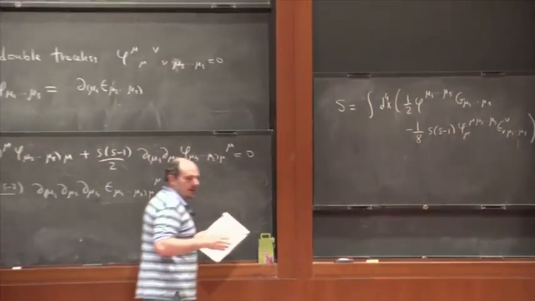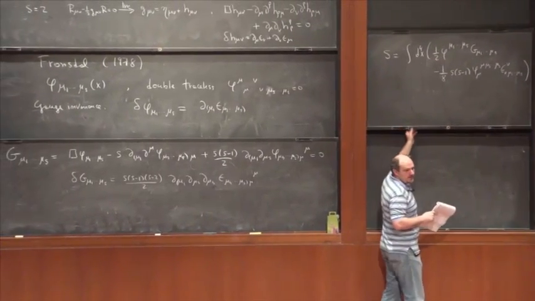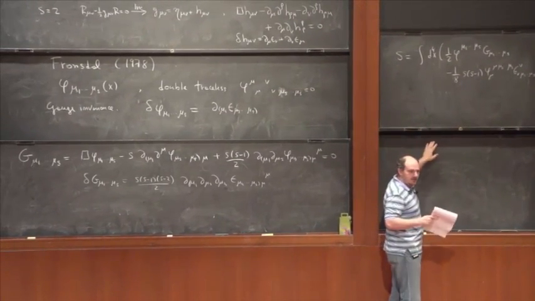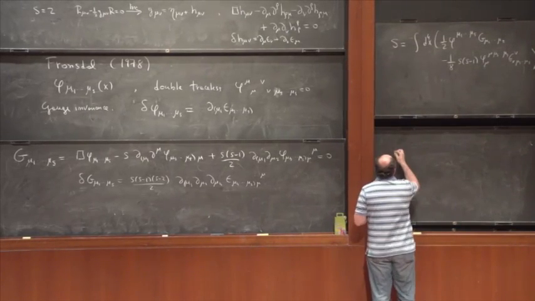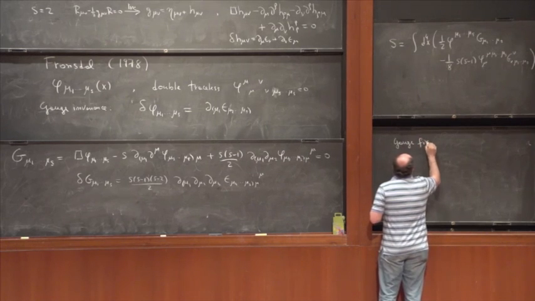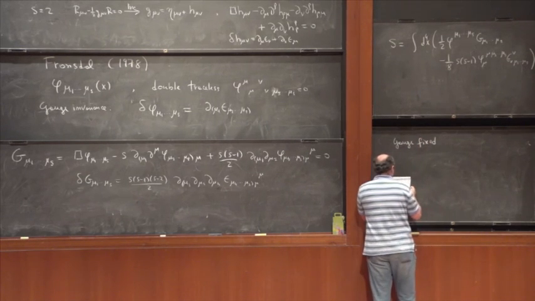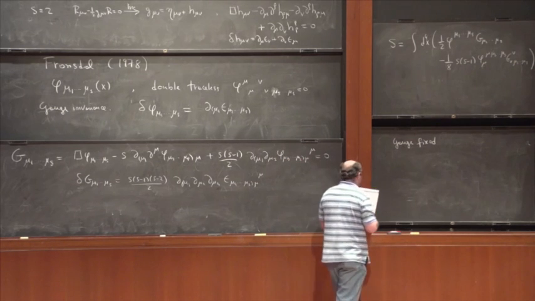Then we can fix a gauge and describe a simpler, as usual, a simpler wave equation for gauge-fixed dynamics. So for the gauge-fixed on-shell equation, we can gauge fix phi to be transverse and traceless.